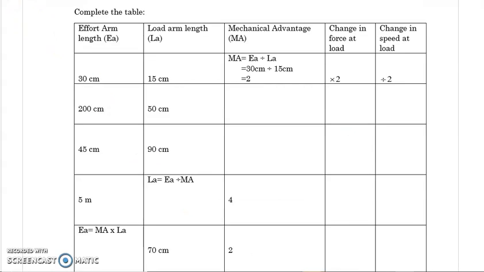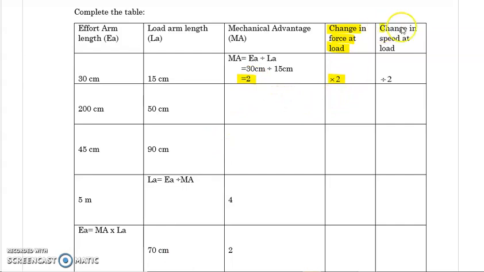These next questions I would like you to try. This deals with, again, what's happening with mechanical advantage based on effort and load. But what we notice here is that the change of the force at the load is always a multiplication of the mechanical advantage.